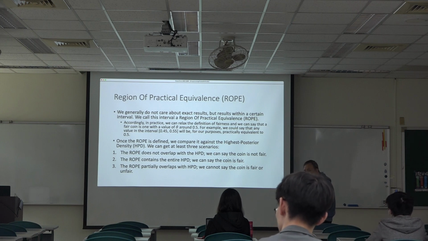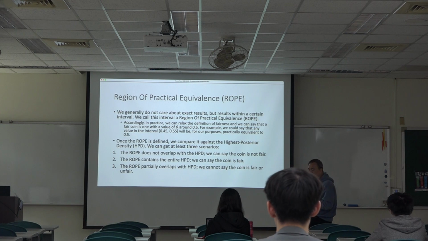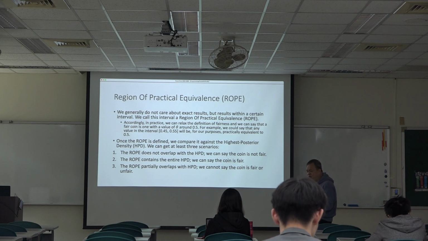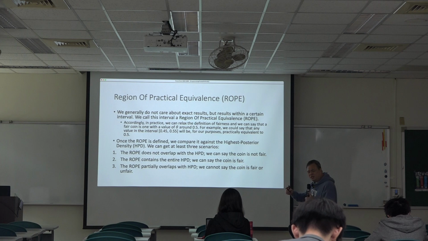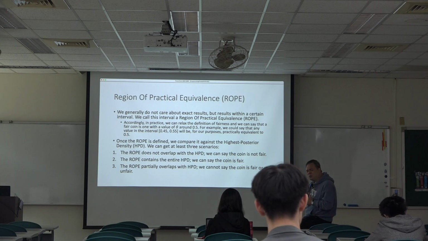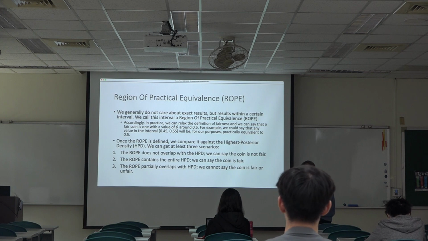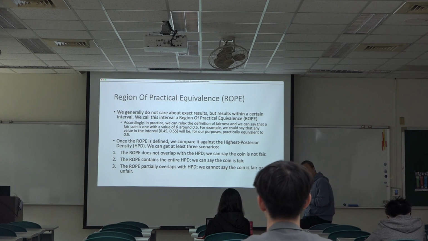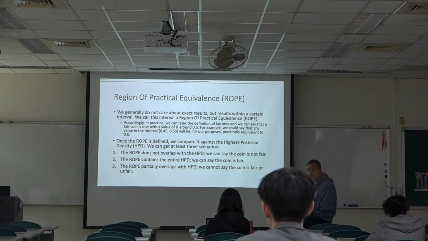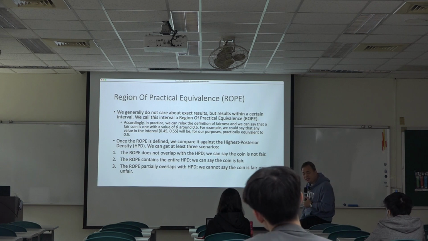But in practice, do we really think the theta value for the coin has to be exactly 0.5 to be fair? How about 0.50001? It's already close enough to a fair coin, right?